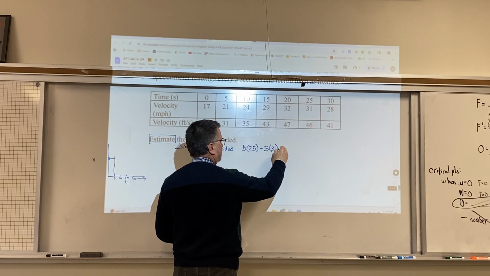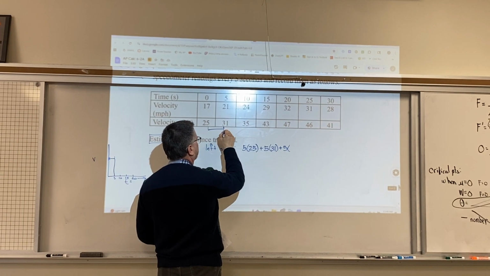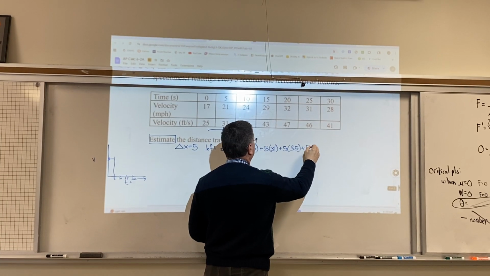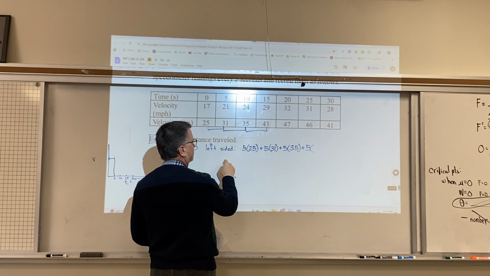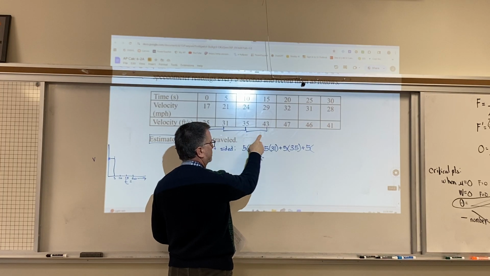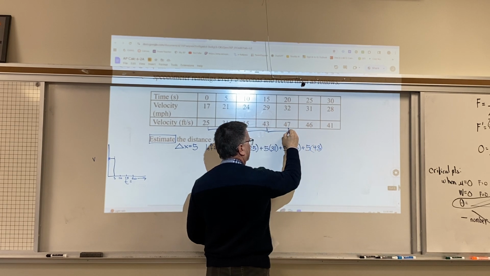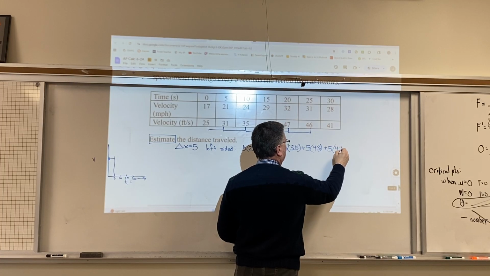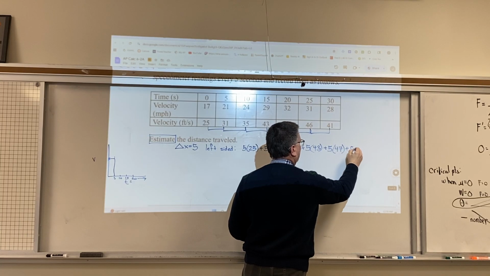And then 5 times the next one, 35. Plus 5 times the next one. So we've got 25, 31, 35, there's 3 of them, 43. And another one, same width, height this time using the left side is 47. And the last one, same width of 5, height using the left side, 46.